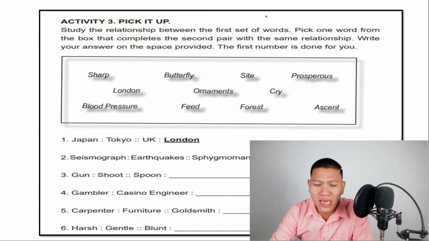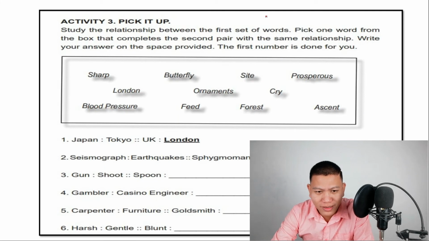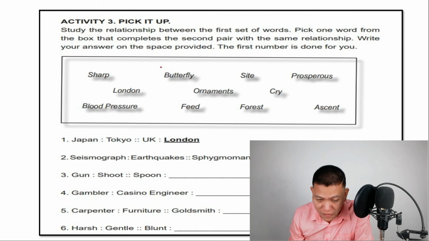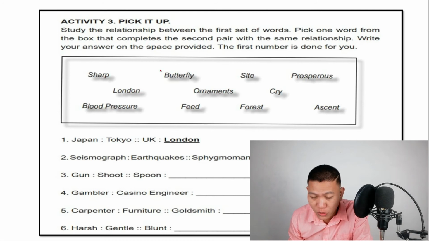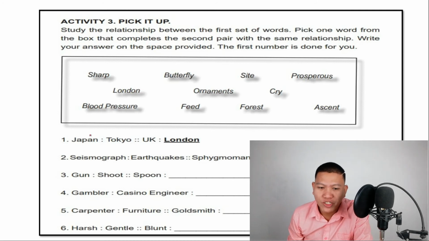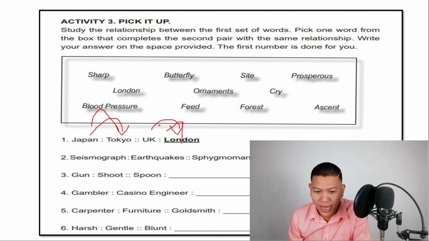For number 3, you have to pick from the words given in the box which completes the analogy. Japan is to Tokyo. Tokyo is found in Japan. So UK is to London because London is found in UK.